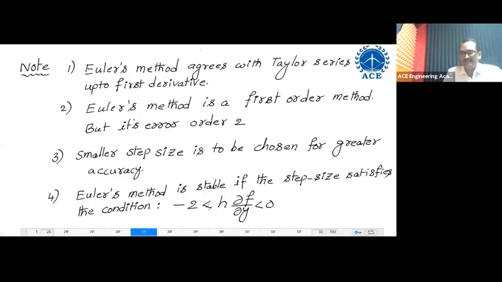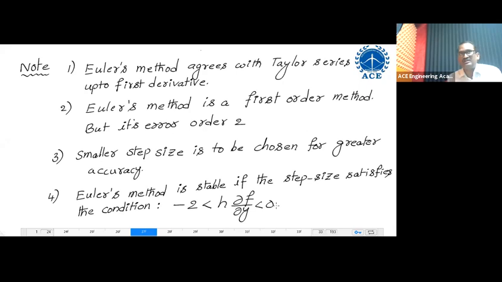The meaning of this condition is, as we discussed already, to solve any problem you need to split the given interval into equal lengths of subintervals such that every subinterval length is very, very small. What is the maximum possible subinterval size one has to choose? If you want to know the maximum possible subinterval size in order to split the given interval into equal lengths of subintervals, you need to apply this condition.